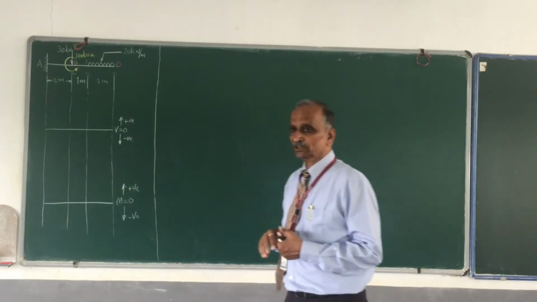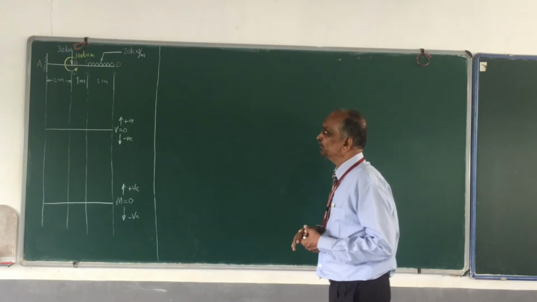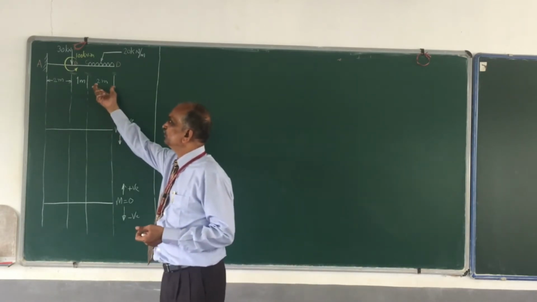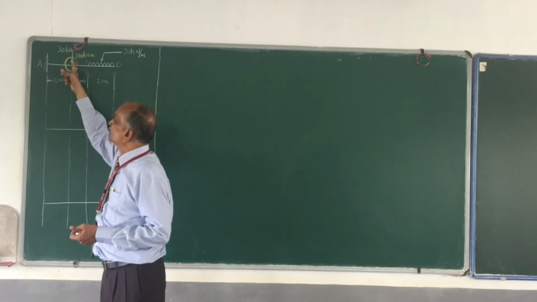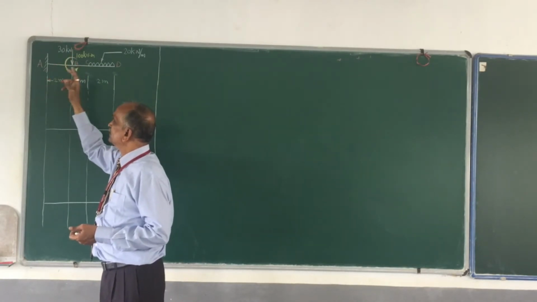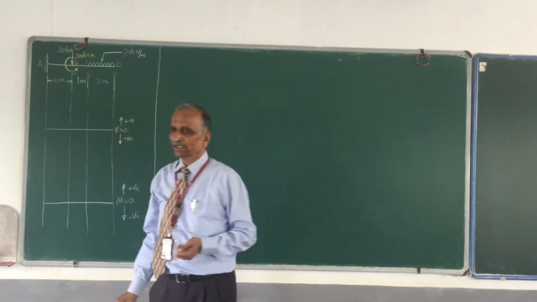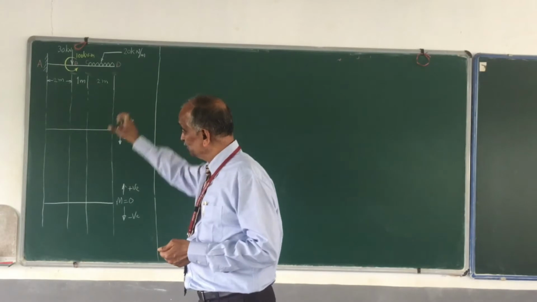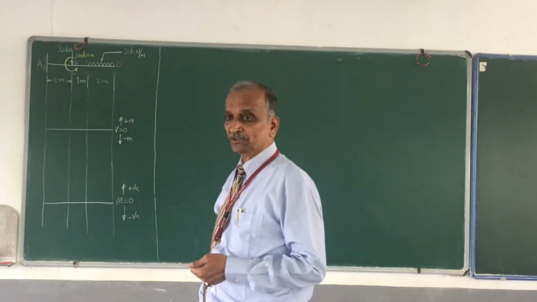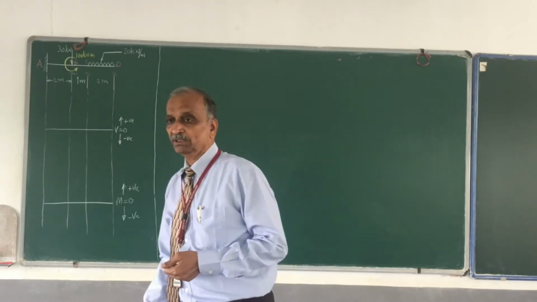One is a uniformly distributed load of 20 kilonewton per meter over a length of 2 meters. Then we have one point load of 30 kilonewton at a distance of 2 meters from the fixed end. And at the same position, I also have a moment equal to 100 kilonewton meter.